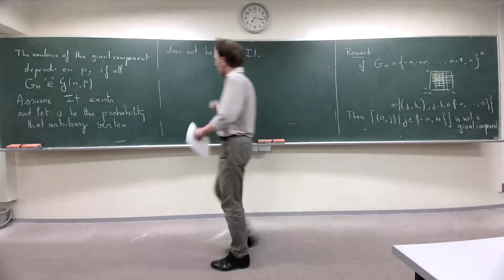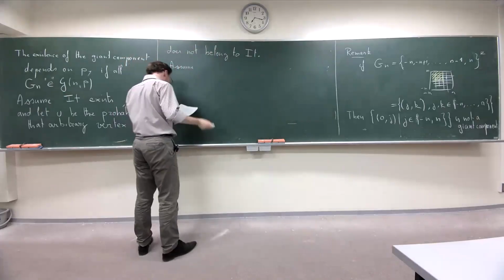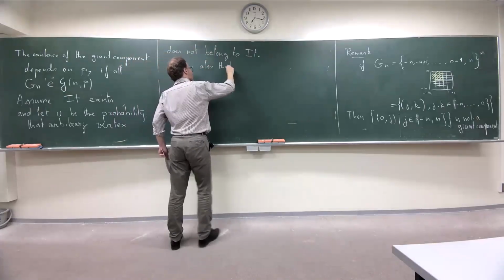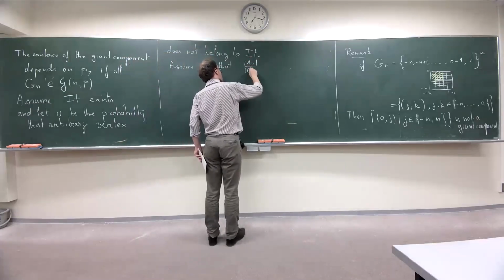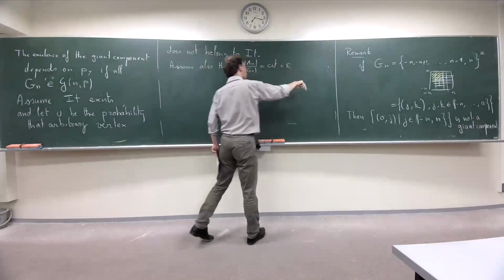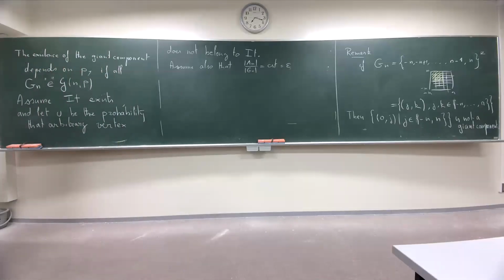I need to also assume one thing, which we will not see but implicitly use: assume also that this Lambda n over Gn is a constant. Before it was bigger than epsilon. If you look carefully in the proof, you need to assume that it's constant, but this is not a big issue.